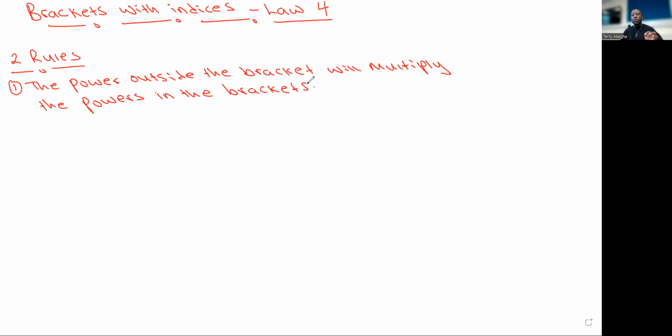Now, you also need to know that any constants, for example, it could be K, it could be J, like I always use K in my videos, outside the bracket are not affected by the powers, okay? So always know that any coefficients or any constants outside the bracket are not affected by the power.